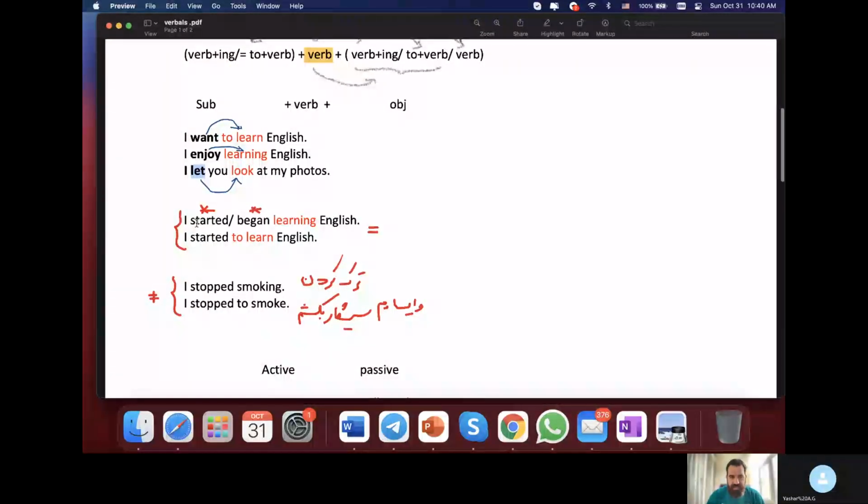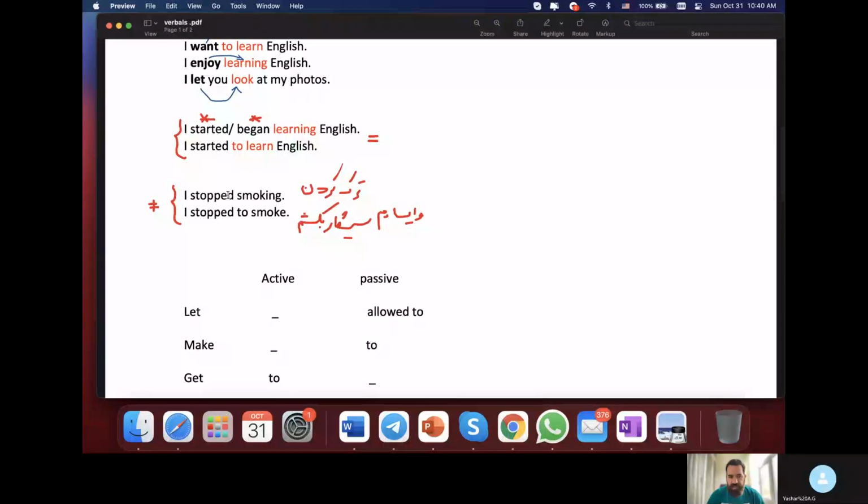There are some verbs that can be followed by both ing and to without any change in the meaning. So I say they are the same. I started or I began learning English has the same meaning as I started to learn English. There is no difference.